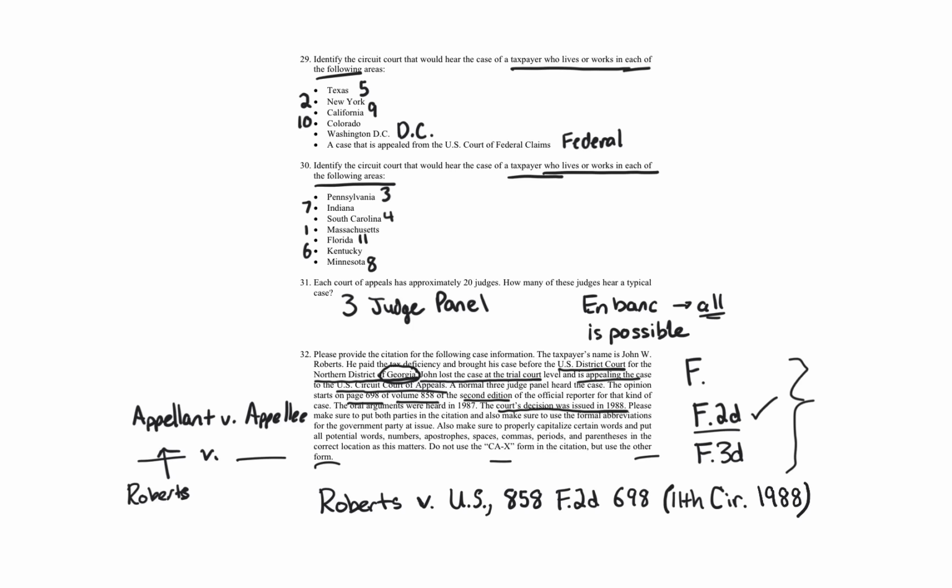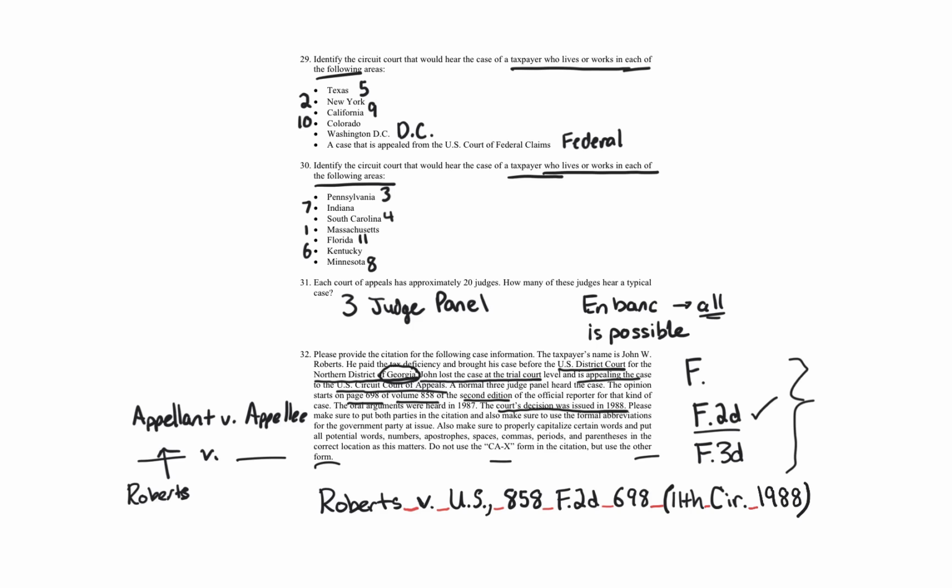So it's Roberts, space, V, dot, space, we have a space after the comma, space after 858, space after F period 2D, space after 698. Then we've got 11th, space, circuit, space, boom. Just like that, that is our citation. If you can follow that, you're good.